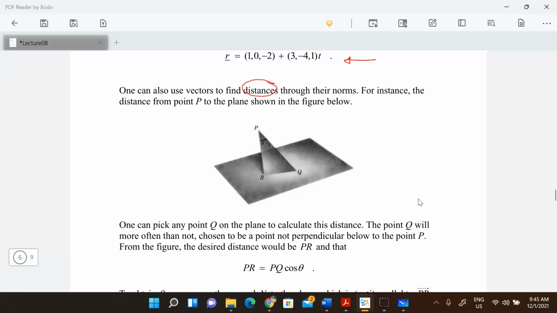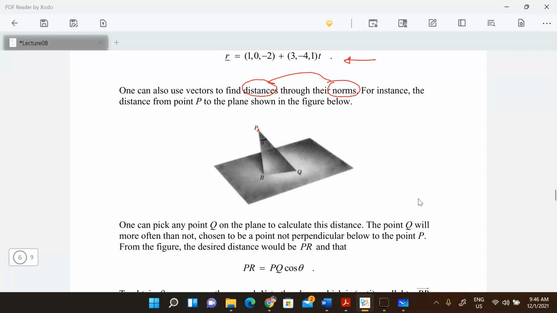So how do you get distances? Well, you just find the appropriate vector and find its norm. Here is a particular case of trying to find a distance from a particular point P to a plane. Now, what does that mean?